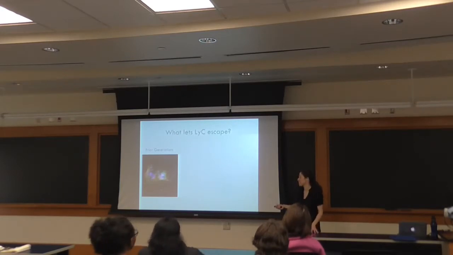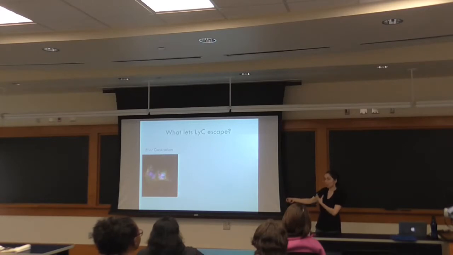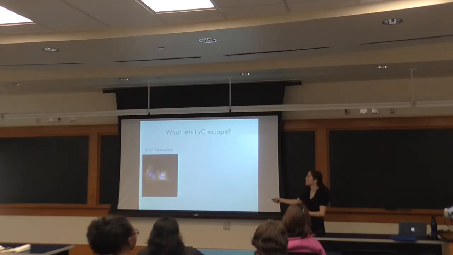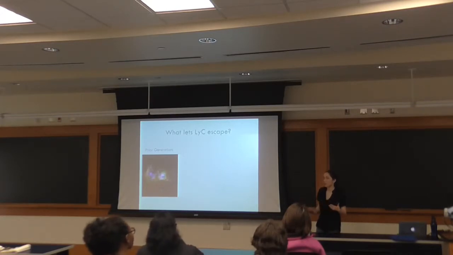Knot B has had feedback, and could be responsible for clearing out a lot of this space, pre-clearing it, so that the burst here that has all the strong ionizing photons can take advantage of the sight lines that have been cleared by a previous generation. So we need to think about, in these regions, the previous star formation history and whether different clusters can help each other.